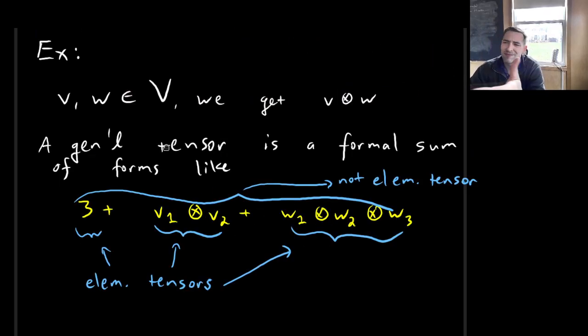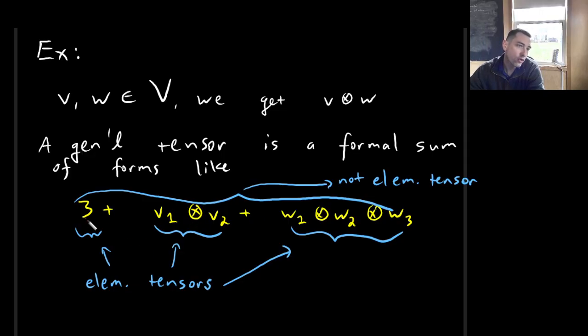I don't know if it's actually that informative, but just to be clear, as an example, if we have two vectors v and w, you can take their product and you just write it v tensor w. In general, a general tensor is a formal sum of forms, and this is just one example of a general tensor. There's a zeroth order term here, it would be 0 on the first order term, there's a second order term and a third order term.